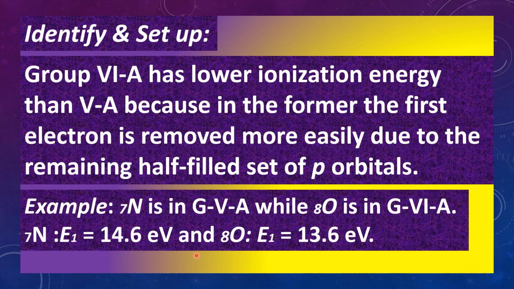So one exception to that rule, that as you get from left to right, the ionization energy is supposed to be increasing, but the case of nitrogen and oxygen somewhat deviate from such trend.